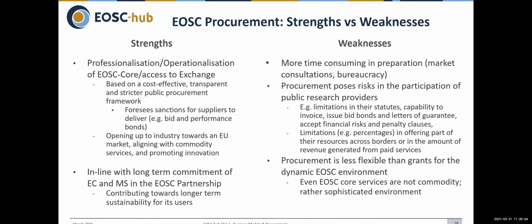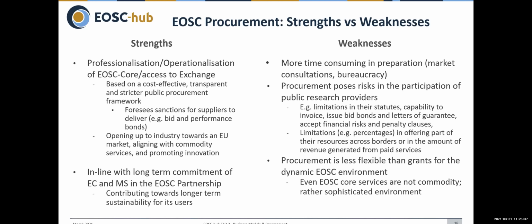Regarding EOSC procurement strengths and weaknesses, one may say that moving towards procurement may contribute towards professionalization and operationalization of the services based on a more transparent and stricter public procurement framework. As we were saying, it foresees sanctions and more means to deliver for the suppliers, for example with bid bonds, guarantee letters, performance bonds, and so on.